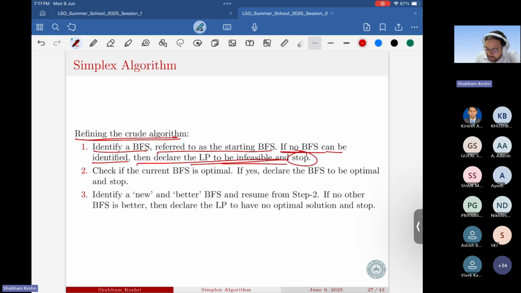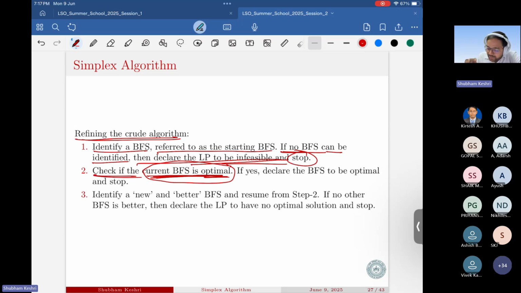Otherwise, proceed. What you will do? Check if the current basic feasible solution is optimal or not. You see, in simplex, there is a way to check if that basic feasible solution is optimal or not. You don't have to see all the basic feasible solutions before you can say if the solution is optimal. There is some way built in simplex which can identify optimal solutions given a basic feasible solution.